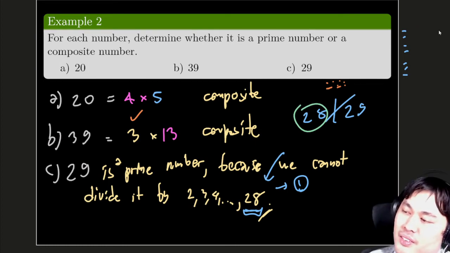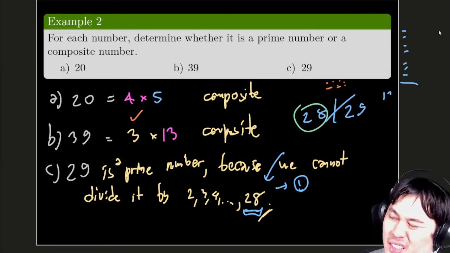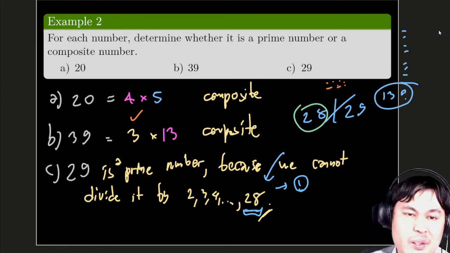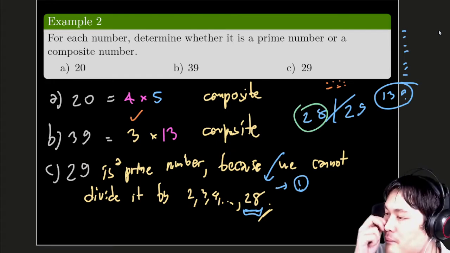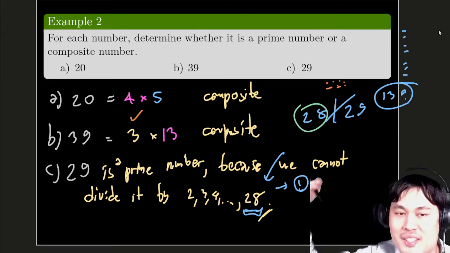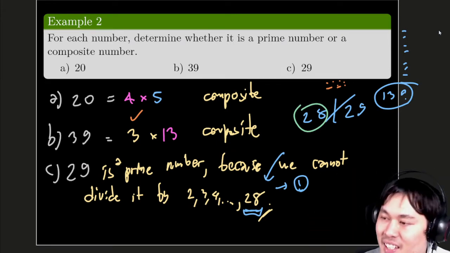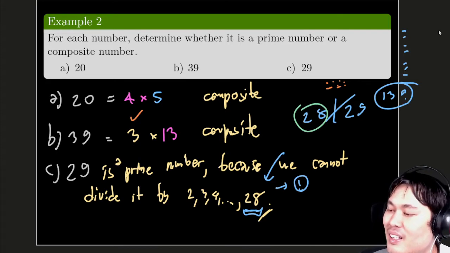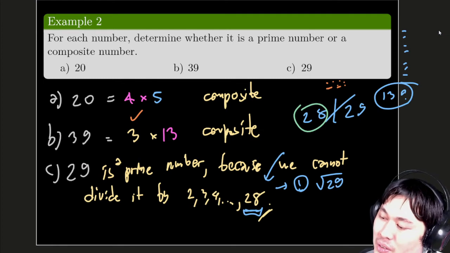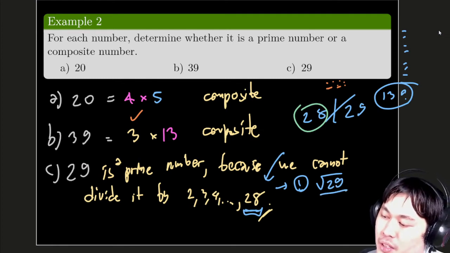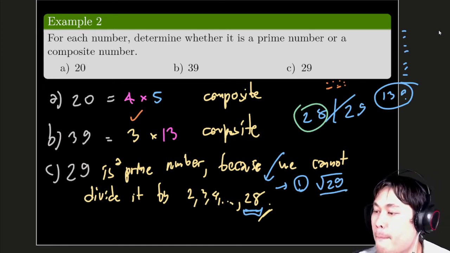But maybe, what about 13? Oh yeah, 13 seems possible. But again, there's some interesting argument which I don't have time to go over, but the theorem or the trick is that you only have to test up to the square root of that number.